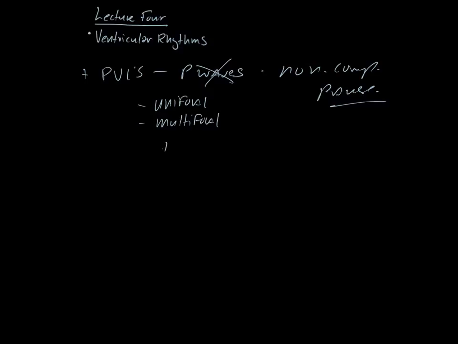There is special terminology for PVCs that sometimes comes up. If every other complex is a PVC, we call that what? Bigeminy. Bigeminal. If every third complex is a PVC, we would call that trigeminal, and so on and so forth. Can we use this terminology anywhere else? No. We can use it with ectopic complexes.